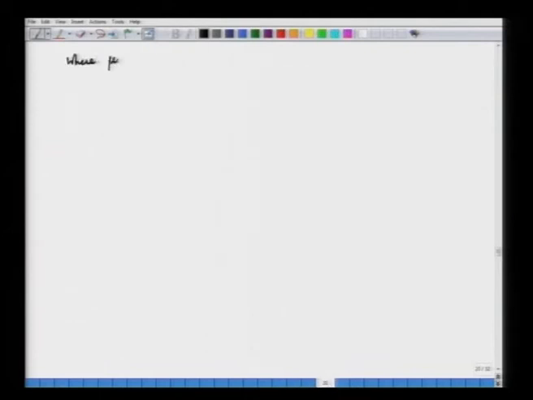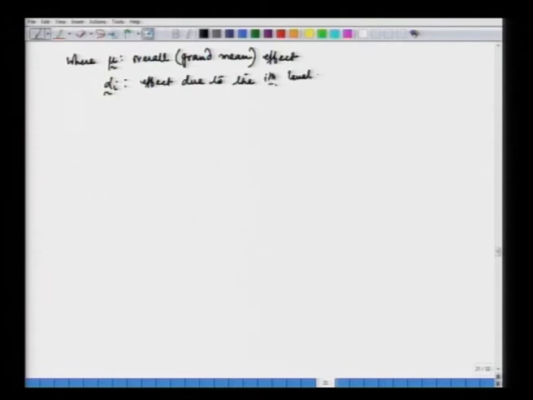So, where mu as before is the overall or grand mean effect, then I have alpha i, which is the effect due to the ith level of A, beta j is the effect due to the jth level of B, and gamma ij is nothing but, if you have a look at it, mu ij minus mu i naught.